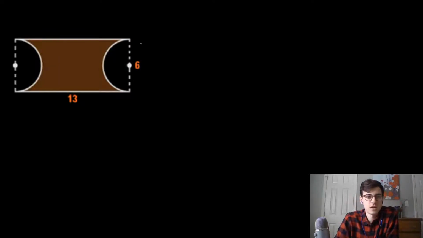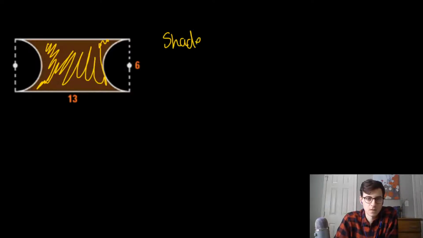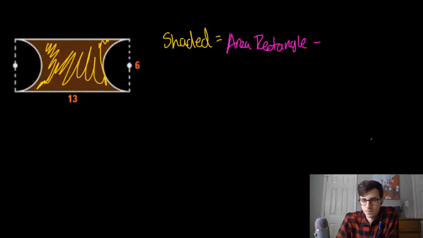The plan that I'm thinking of is that this shaded area in here would equal the area of the rectangle minus both of these semicircles, so minus 2 times the area of a semicircle.